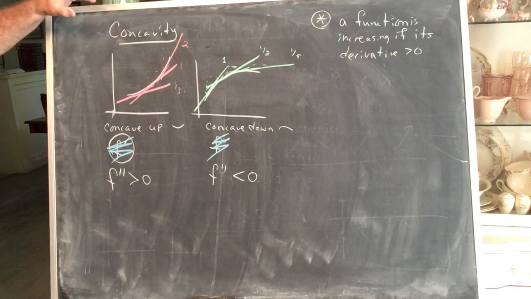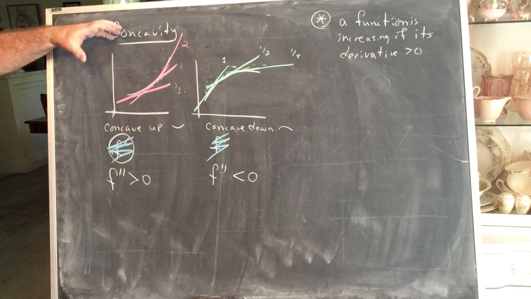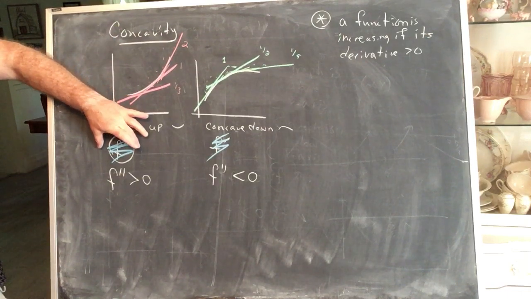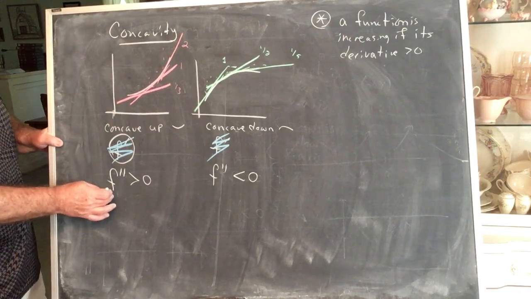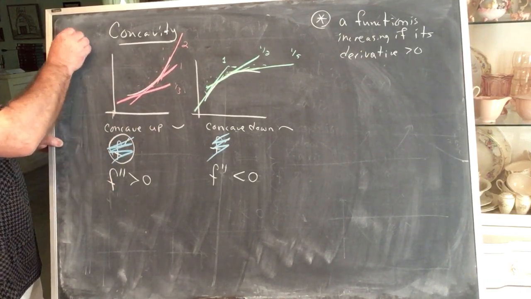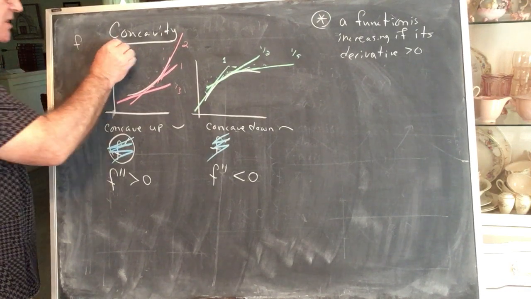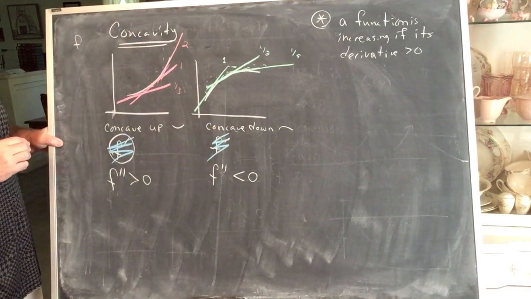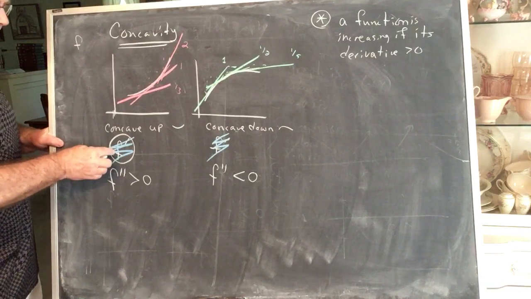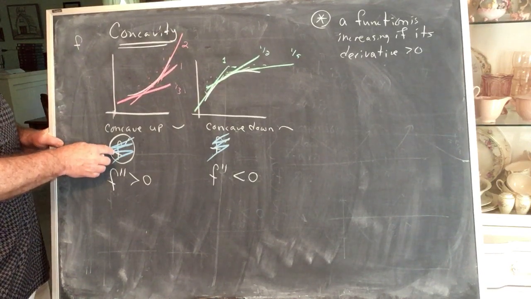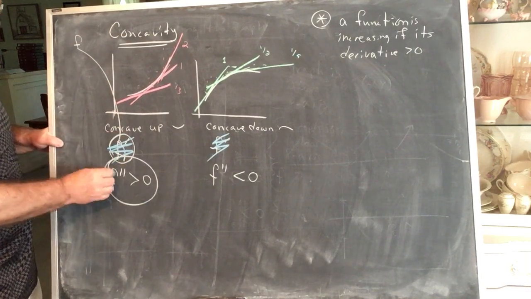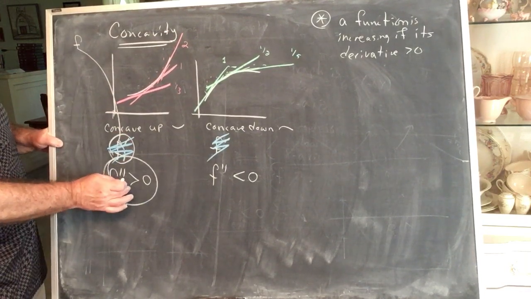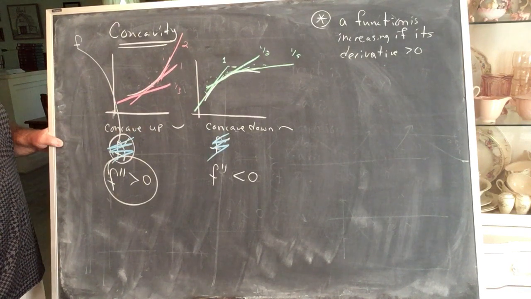When you're dealing with concavity, the first derivative does nothing except act as a stepping stone to get to the second derivative. So you'll be given a function f and asked to analyze concavity. The only thing the first derivative does is act as a bridge to get to the second derivative, and then the second derivative is used to analyze the concavity.